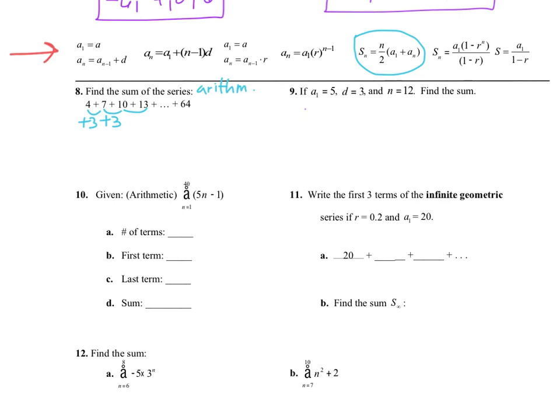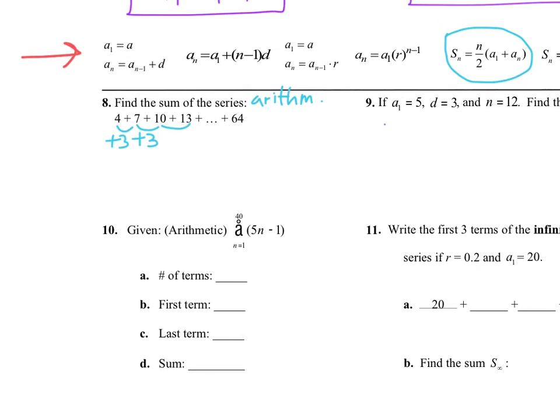The sum of an arithmetic series. If you want to relabel all of these again at the top, go for it. It would be all the same labels from the ones on front. They're exactly the same. So we know we're using this formula. Okay, S sub n equals n over 2 times a sub 1 plus a sub n. We know most of this already, but not all of it.